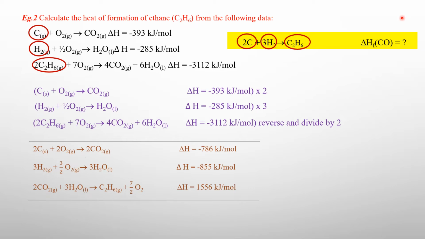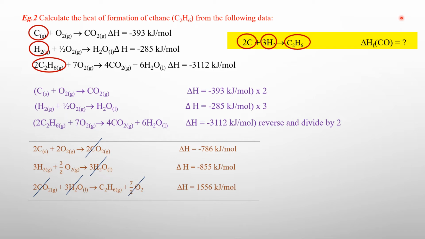So once we have that, let's cancel things which are common on both the sides. So the first thing that can cancel out is carbon dioxide on the product to carbon dioxide on the reactant. Then we cancel out 3 moles of water on the product to 3 moles of water on the reactant. And then we have oxygen molecules left. Okay, so we have 7/2 moles of oxygen here.